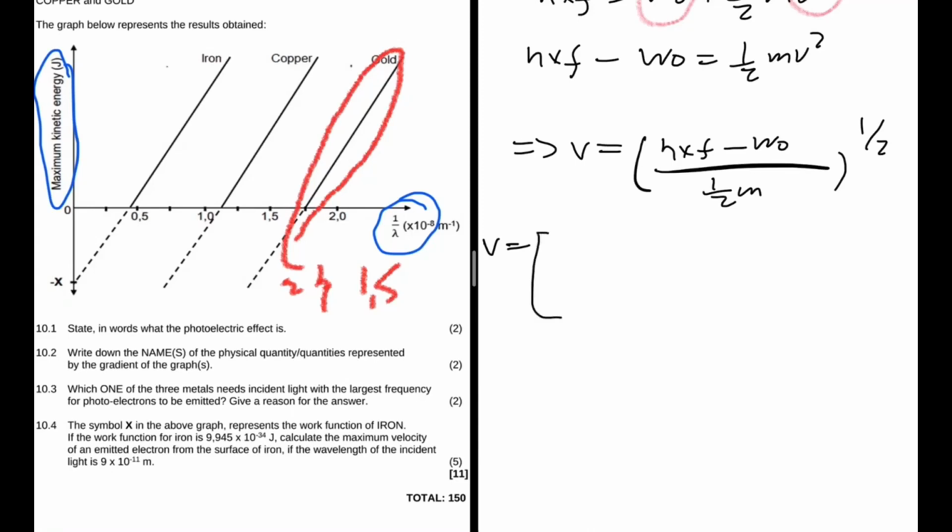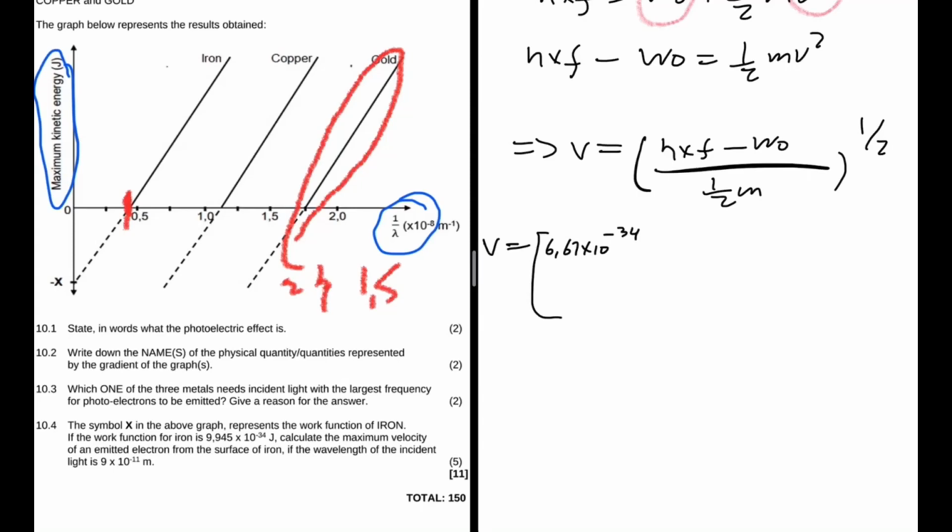So here we're going to have the value of h, a constant, that is 6.67 times 10 to the minus 34, and then what is the frequency? Let me look here. We don't have the frequency, right? But we have 1 divided by wavelength, which is somewhere around here, just before 0.5, right?